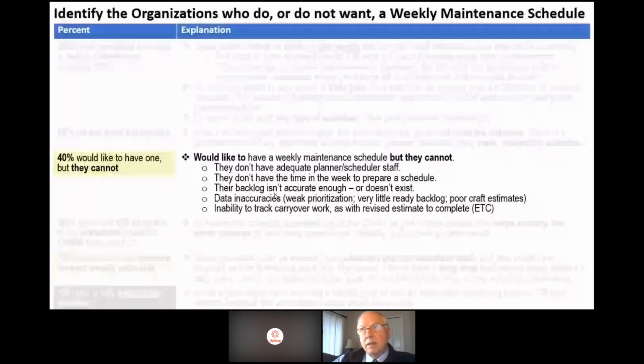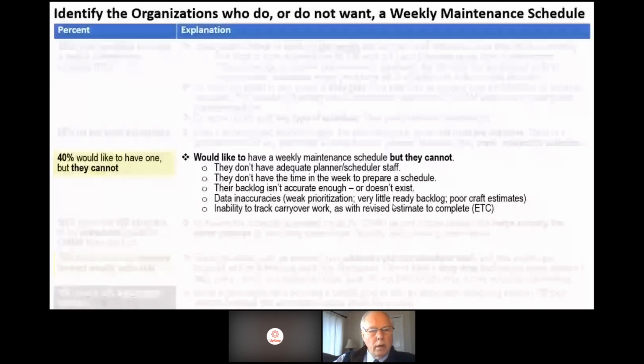And my guess is it could be 10, 15, 20%. Okay, and so when that work goes into the next week, carryover work, you should not be using the original estimate to do your next calculation, and therefore you need an ETC. Well, there's no field on the CMMS work order that stores the ETC.